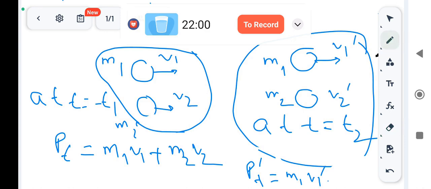Since the total momentum of the system is conserved, and there is no external force, hence the total momentum is conserved. So note down this point.